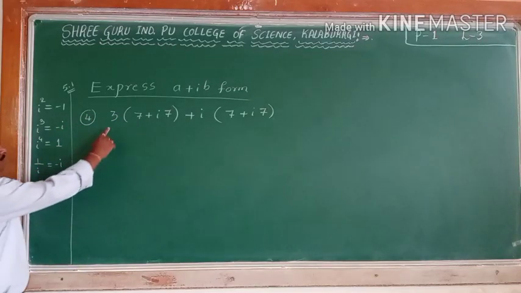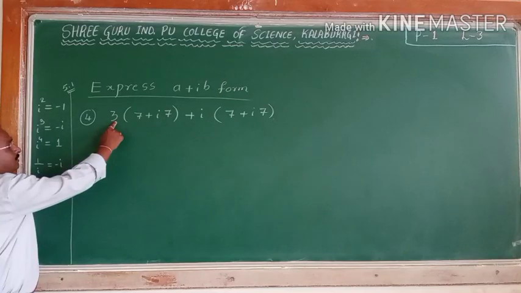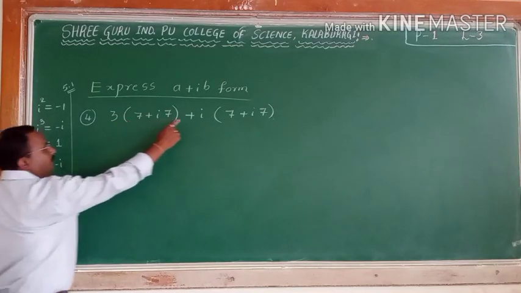Here, start with the 3 product, then the i product.